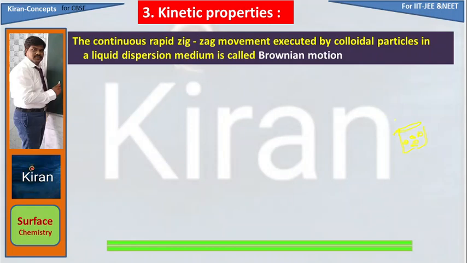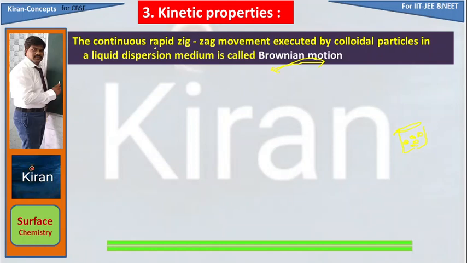For example, when you dissolve small gold particles in water, those gold particles will always move from one place to another. This zigzag, random motion of colloidal particles is considered Brownian motion, and random motion comes under kinetic property.